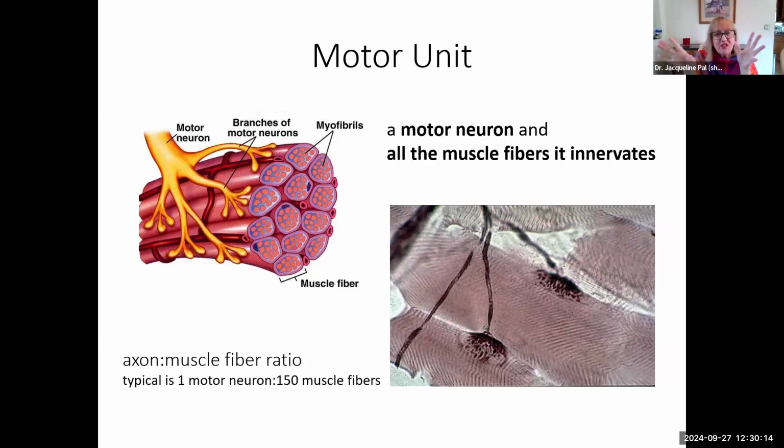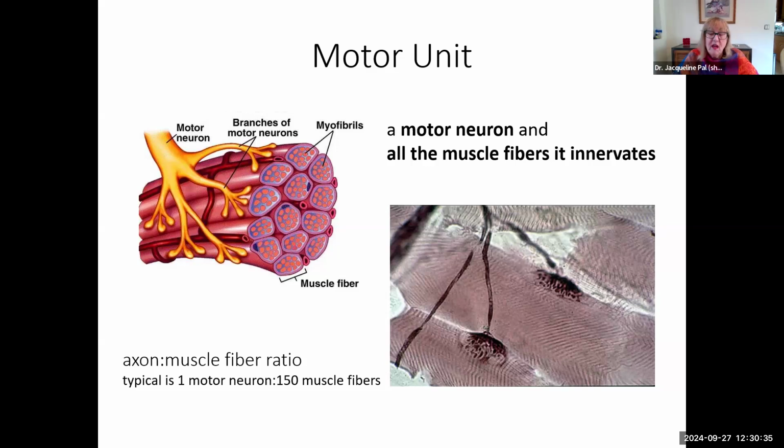The average is that 1 axon, so 1 motor neuron, innervates 150 different cells. So if we have a nerve impulse going down 1 axon, typically 150 different cells can contract.